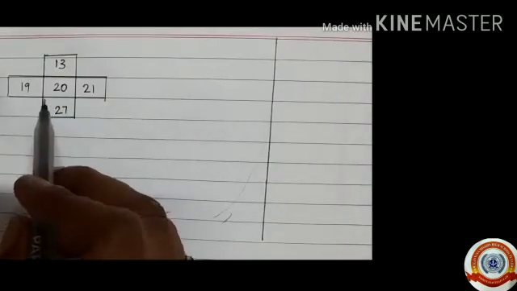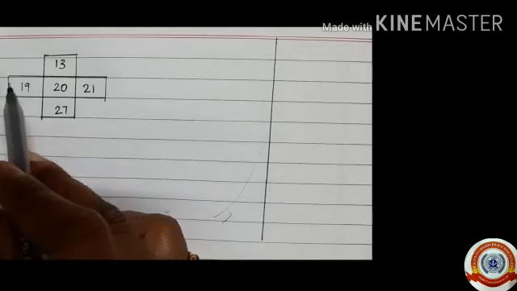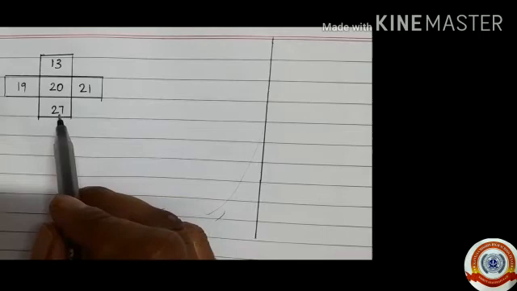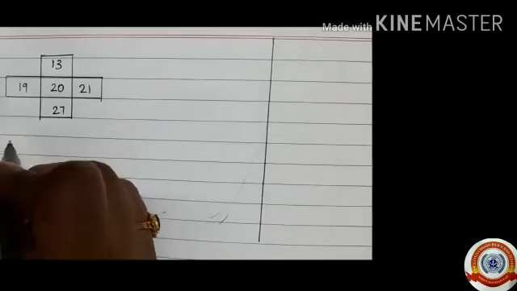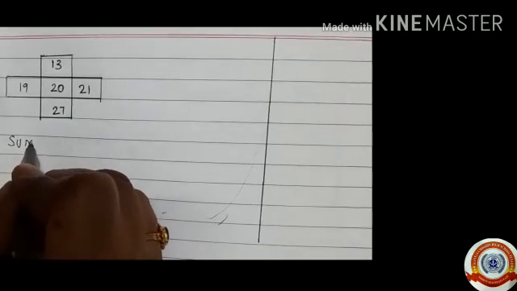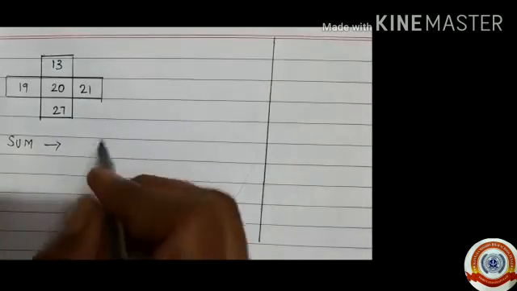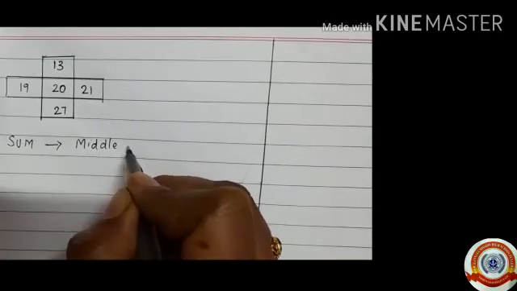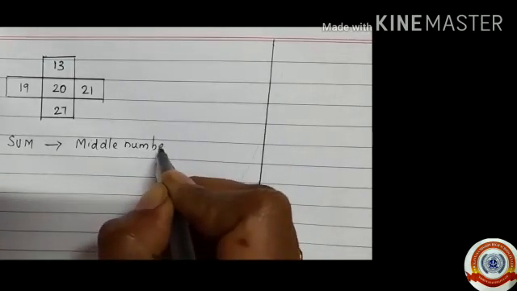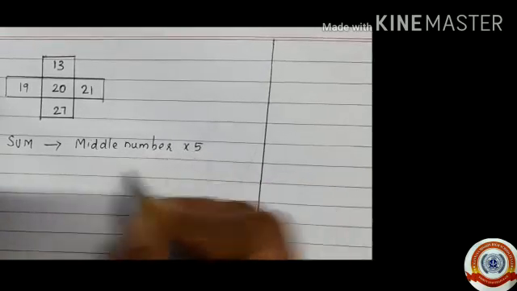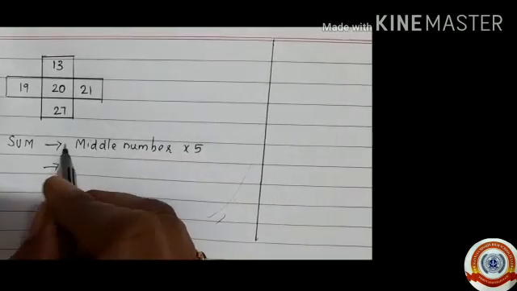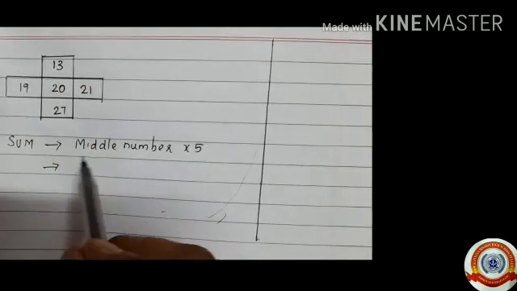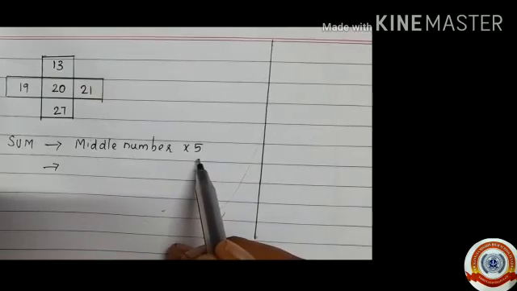Next, find the sum of the numbers in this calendar part. To find the sum, there is also a formula, that is middle number into 5.